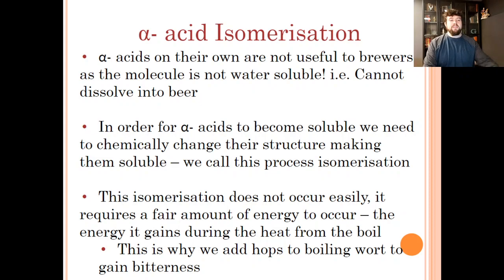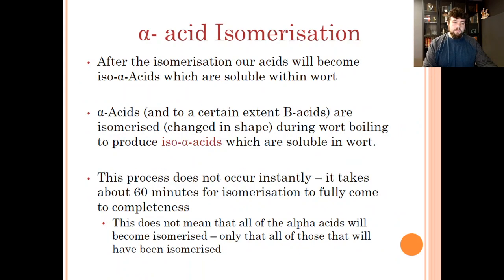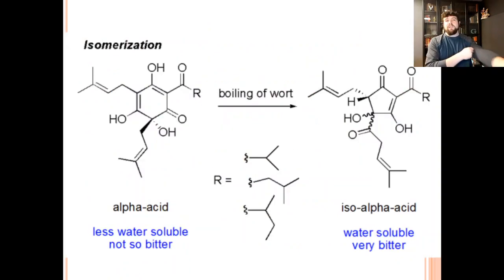Now, alpha acid isomerization is incredibly important because this is the process that actually allows these alpha acids to become soluble. This is the chemical reaction we see right here. We have this hexose ring, 1, 2, 3, 4, 5, 6. The biggest change we see is that through boiling, through the application of heat, this hexose ring, 6 members, turns into a pentose ring, 5 members, 1, 2, 3, 4, 5.